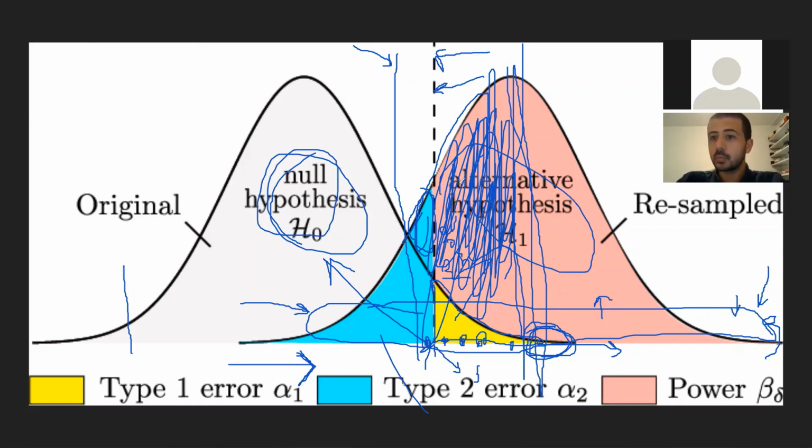Yes, but what if I want to just change the names because one of them is just easier for me to calculate? You can't say that for the null hypothesis, your population is different. You can't.